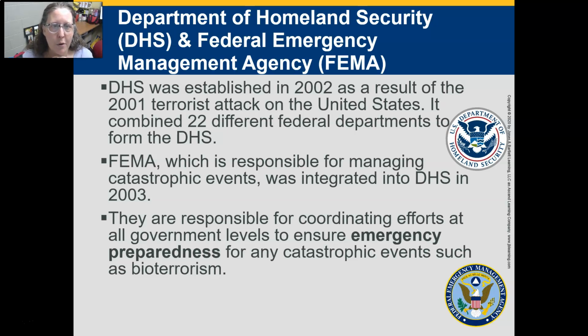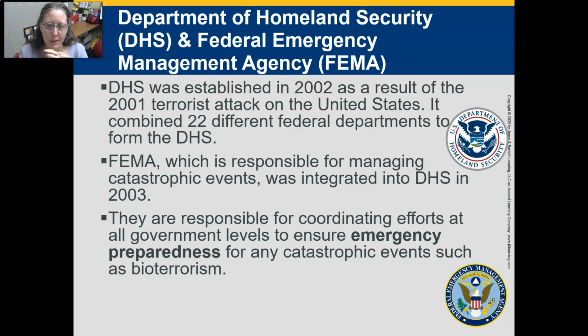Then we have the Department of Homeland Security and the Federal Emergency Management Agency, so DHS and FEMA. DHS was established in 2002 as a result of the 2001 terrorist attack on the United States. It combined 22 different federal departments to form the DHS. And FEMA, which is responsible for managing catastrophic events, was integrated into DHS in 2003 because they have a lot of overlapping responsibilities.